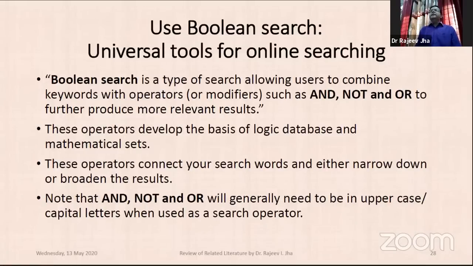These operators form the basis of logic in databases and mathematical sets. These operators connect your search words and either narrow down or broaden the results as per your wish. Note that AND, NOT, and OR will generally need to be in uppercase or capital letters when used as a search operator. So you don't put AND in small letters, but you have to put it in capitals or uppercase. Next slide.